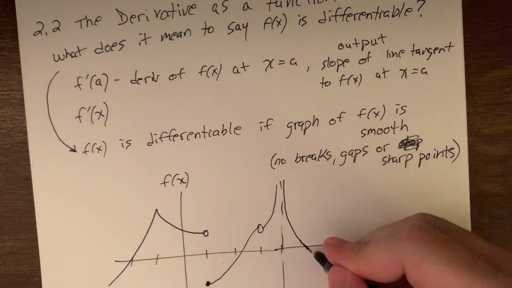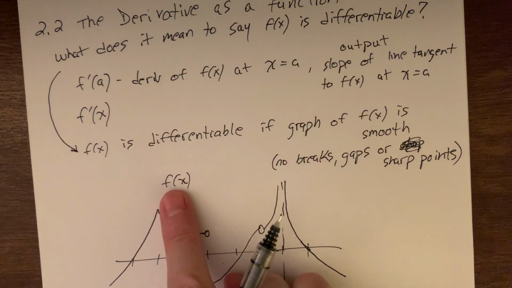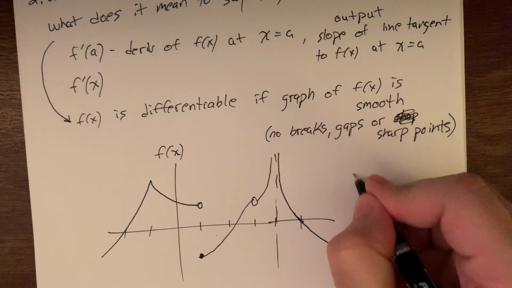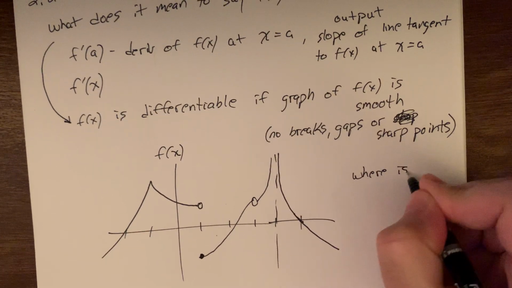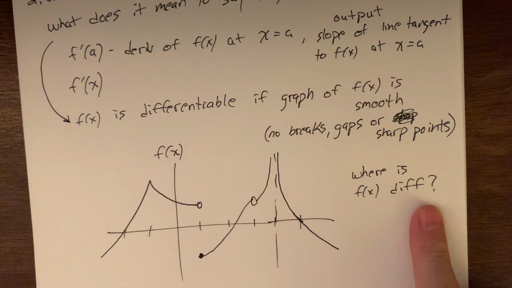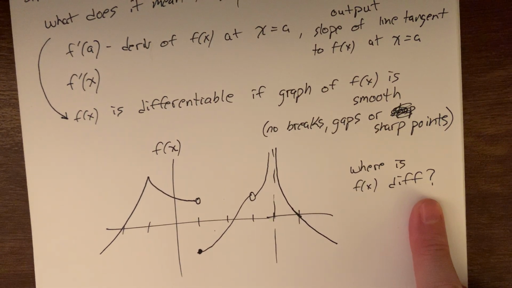again, what does it actually mean to say f of x is differentiable? Or if the question is, where is f of x differentiable? Where does it have a derivative? Well, a couple of quick things. You can't have a derivative if there is no point.